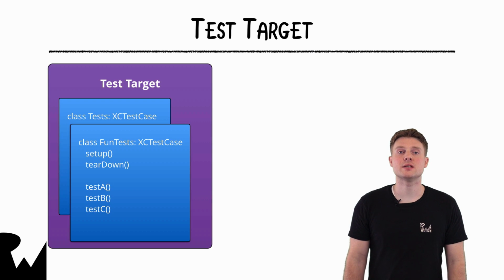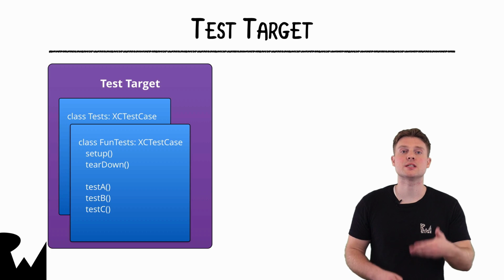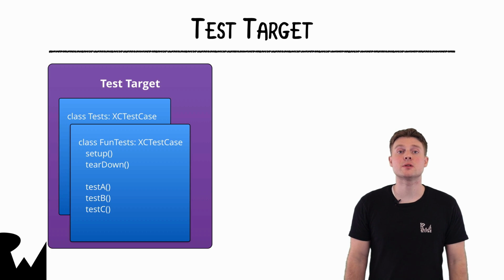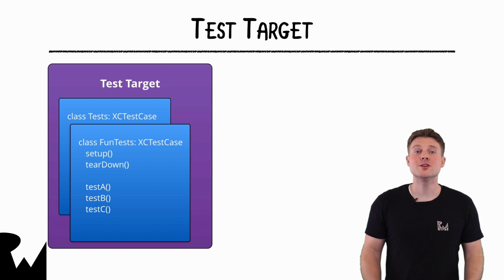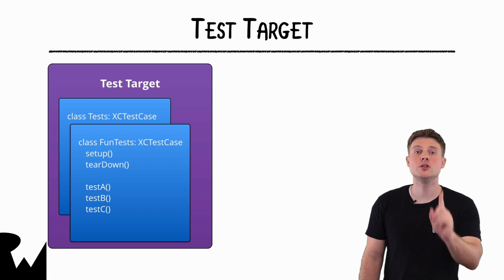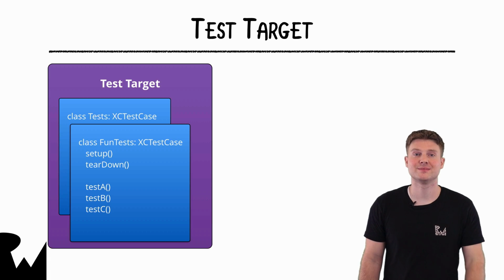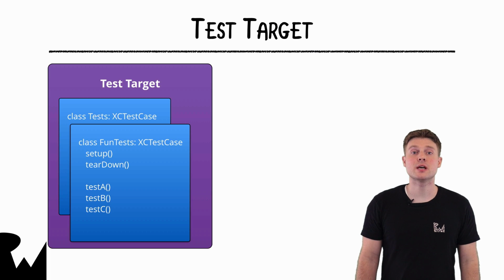Your test target will be composed of several test classes. A test class is a subclass of XCTestCase and contains multiple test methods, each of which must begin with the word test. Just like your production code, it's important for your test code to be as simple as possible and do just one thing. Each test method should test one unit of work, whatever this may mean for your app.